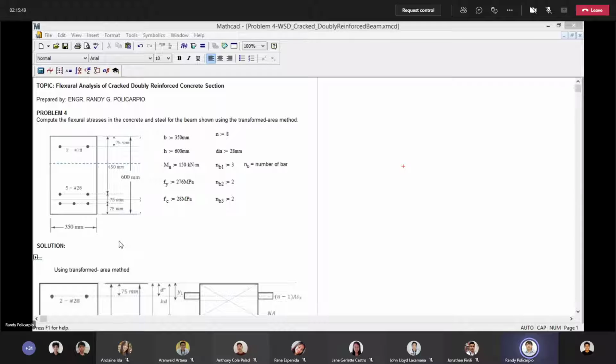Ginamit din yan uli, no? Kaya dapat statics pa lang tinuro na yan. Okay? Kaya wag nating sabihin na bago yung topic na yan, no? Kundi dapat matagal nang tinuro at matagal nyo nang alam. Umabot kayo ng RC, ibig sabihin na-encounter nyo to sa mechanics of deformable bodies, no?